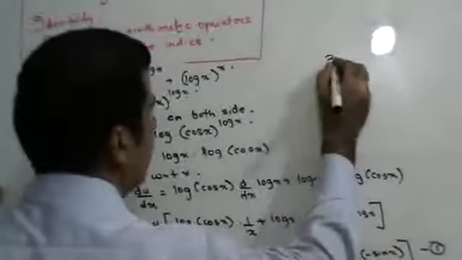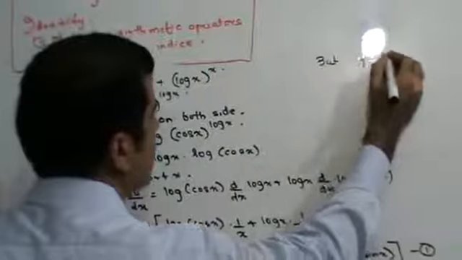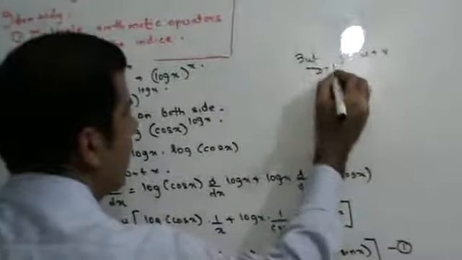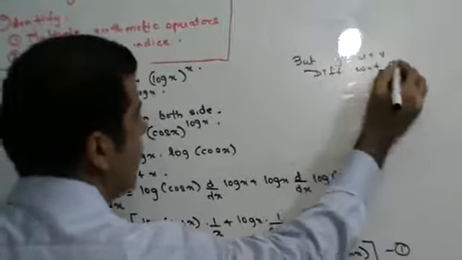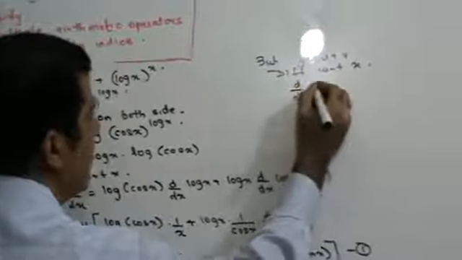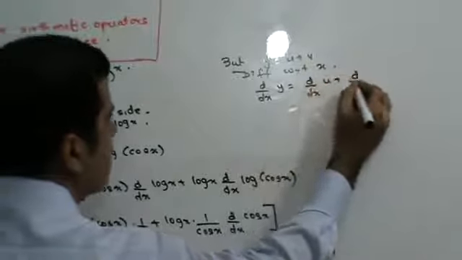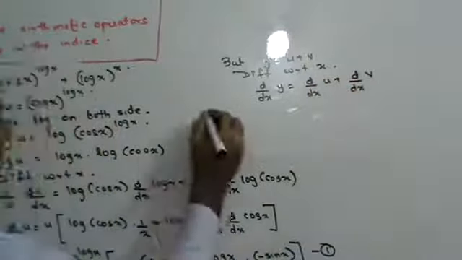So you can say, y is equal to u plus v. Differentiate with respect to x. So you will get d by dx of y is d by dx of u plus d by dx of v.